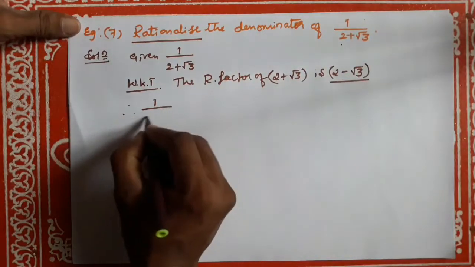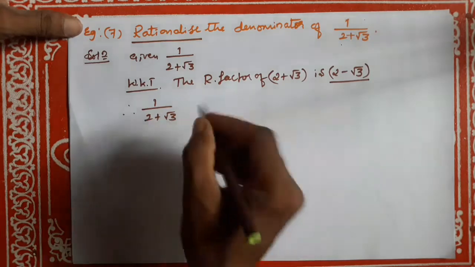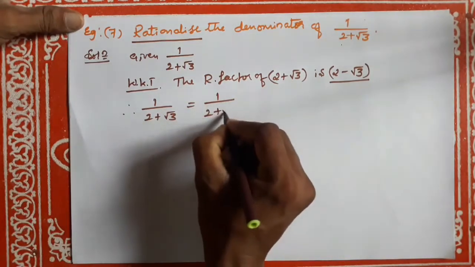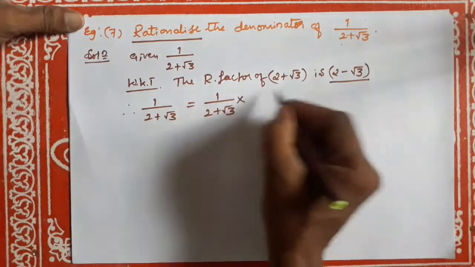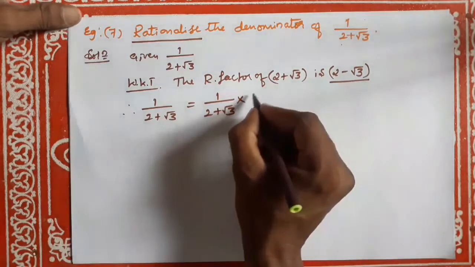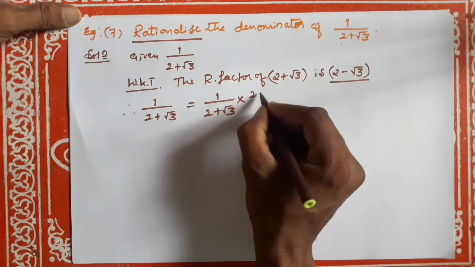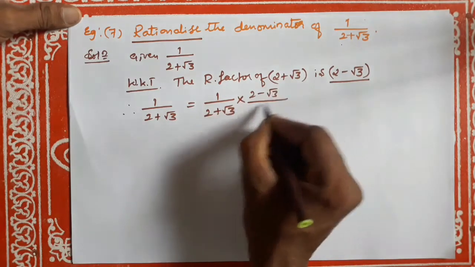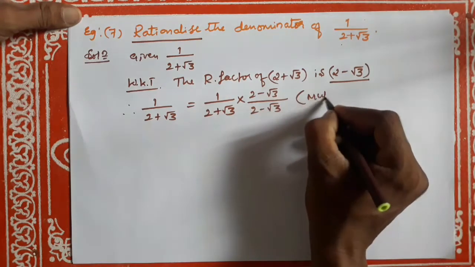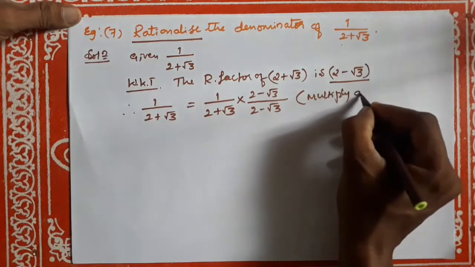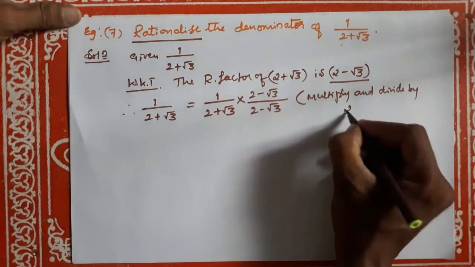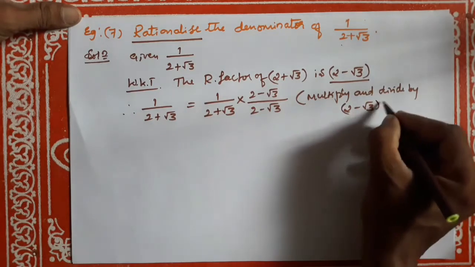Therefore, 1 by 2 plus root 3 is equal to 1 divided by 2 plus root 3 into the rationalizing factor, 2 minus root 3 divided by 2 minus root 3. What have we done here? Multiply and divide by 2 minus root 3.